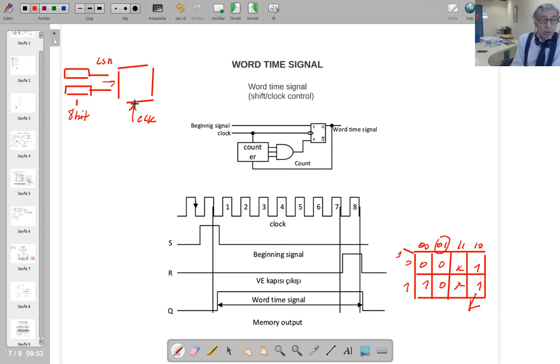synchronous sequential circuits. So in this case, I would like my circuit to run for 8-bit time interval and then stop. If this clock pulse comes continuously, the 8 bits are going to be finished here, but your circuit is going to continue to run.